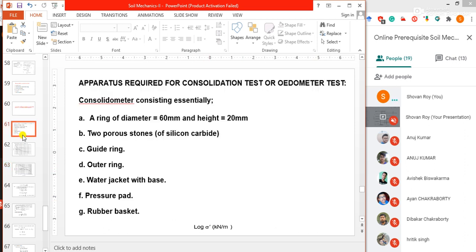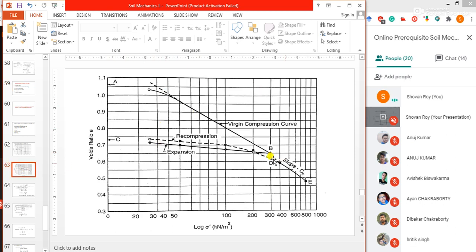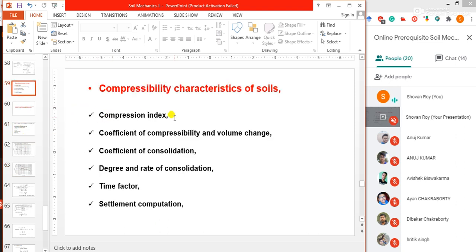Under compressibility characteristics, there is the compression index, the coefficient of compressibility, and the coefficient of consolidation. I have told what the coefficient of consolidation is. Now the compression index is this slope.